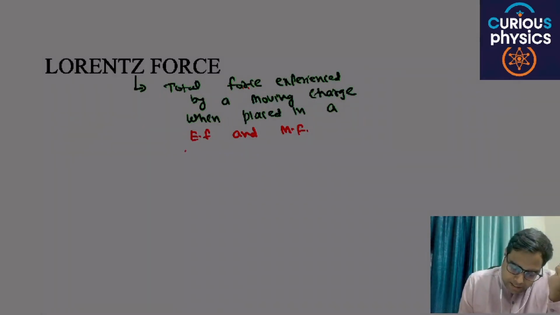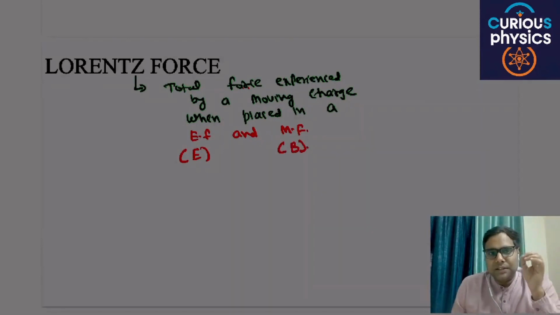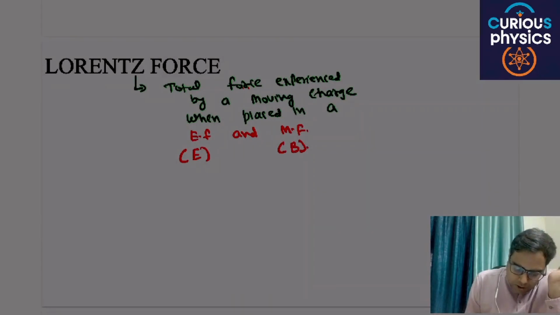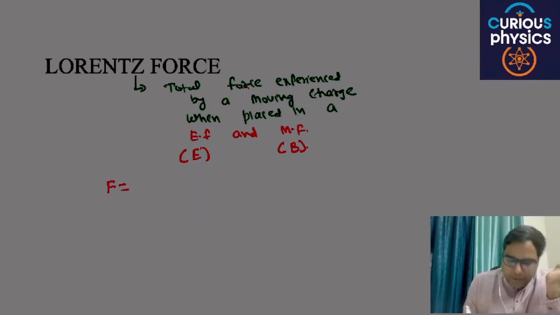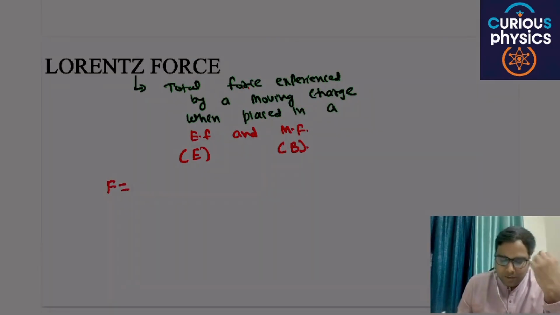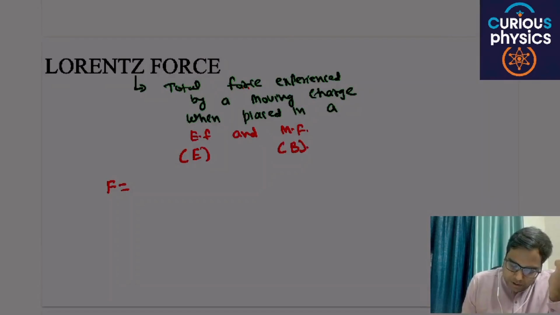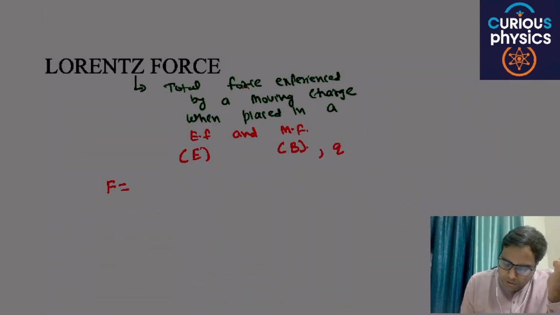Let's say the electric field is given by E and the magnetic field is given by B. Then the total force, let's say that particular charge is Q, and that charge is moving with velocity v.